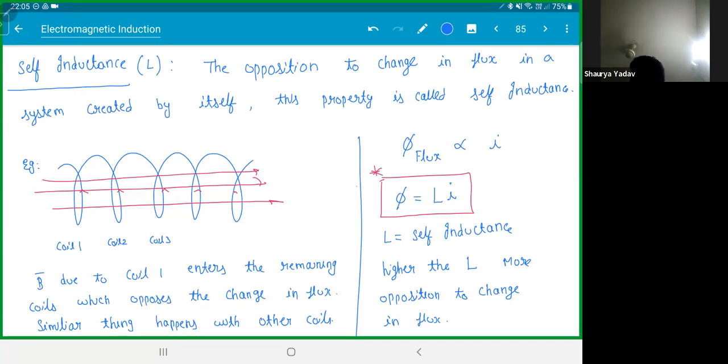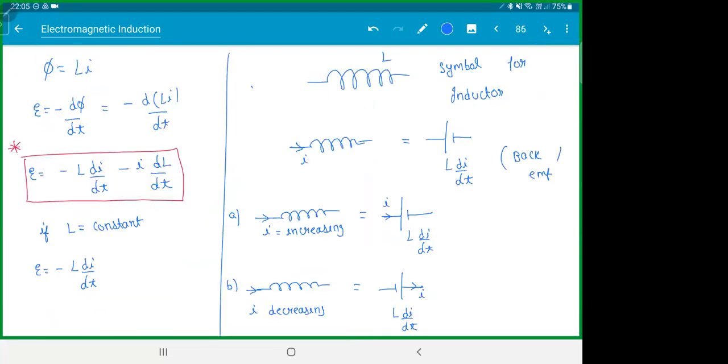Yes, sir. Clear? You can put on the thing in the red box. Next one. Let's see this thing.